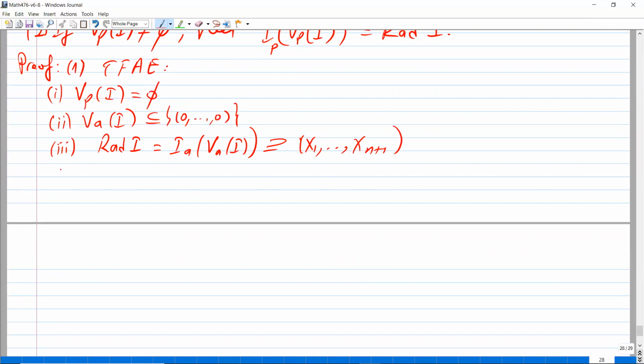And the fourth, the n-th power of this ideal (x1, ..., xn+1) is a subset of I for some n. So why are these equivalent?